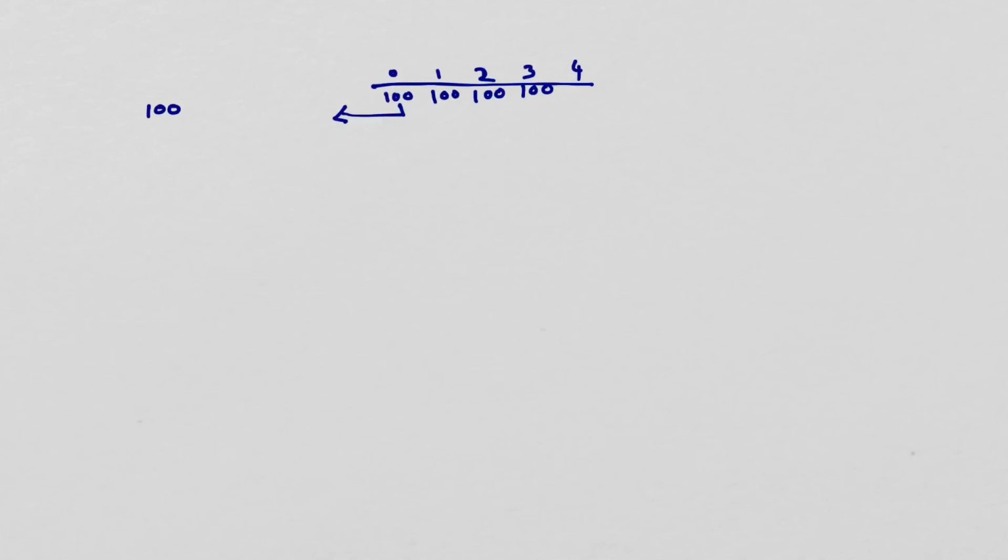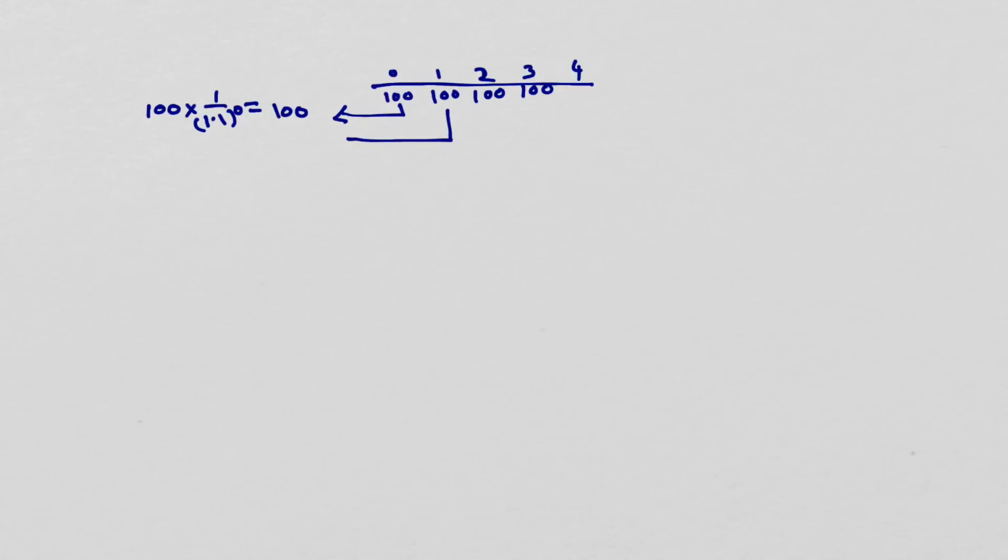Okay, so here 100 would remain 100. Why? Because if you multiply that by the factor, that factor will be 1 divided by 1.1 raised to 0, which is 1, and therefore this amount will be 100.